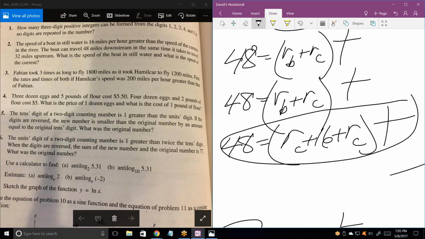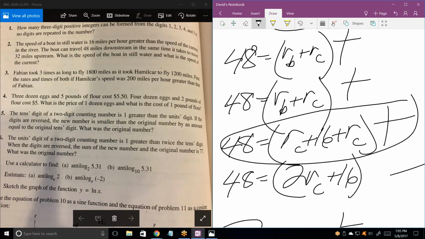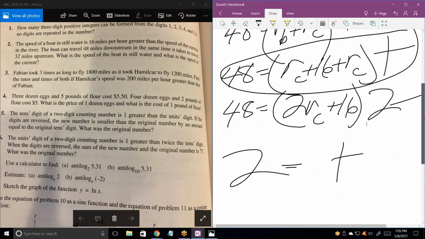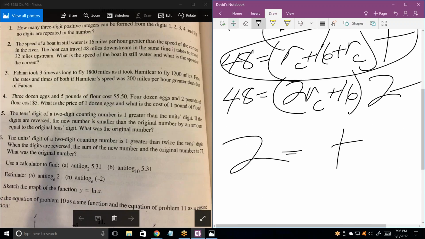So we got 48 equals 2 r sub c plus 16 times 2, because we know that t is 2. And that's going to let us solve for r sub c very easily.